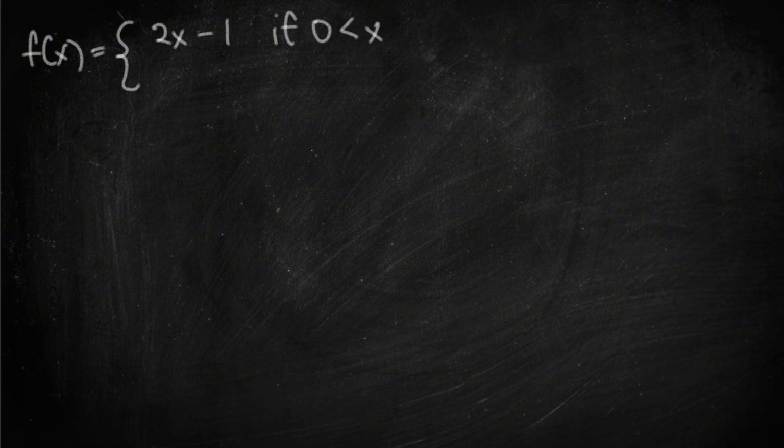Okay, so another example. Let us take f of x is equal to, open brackets, 2x minus 1 if x is greater than 0 but less than 2, and x plus 5 if x is greater than or equal to 2.